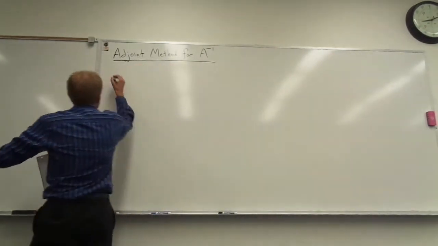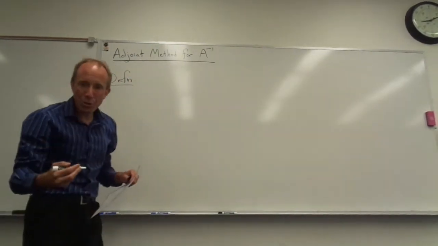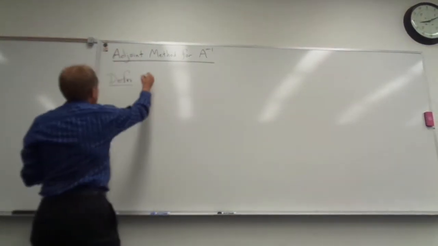So the first one is just a quick definition. What is the matrix of cofactors? So here's the idea.